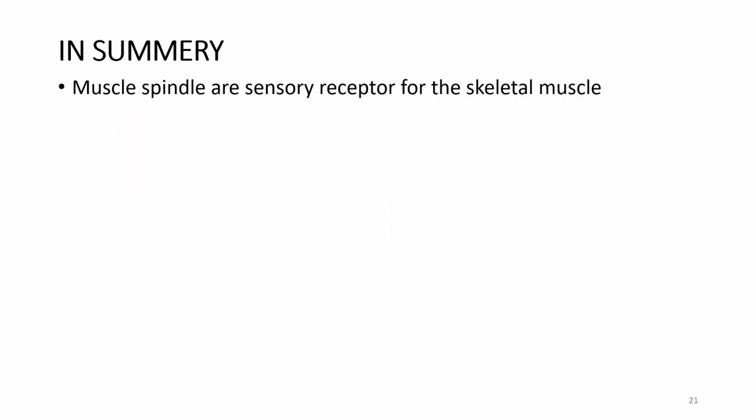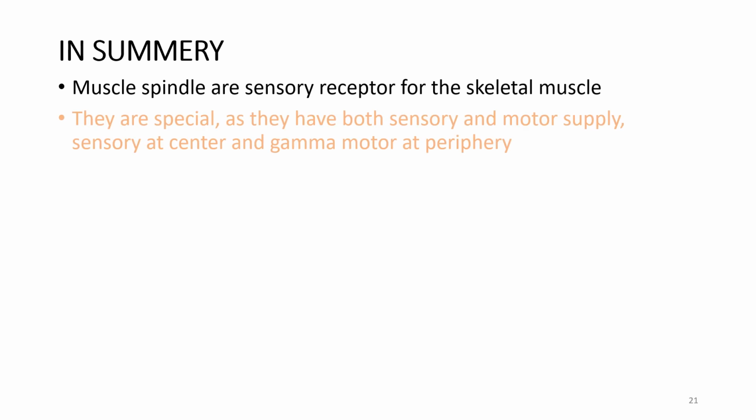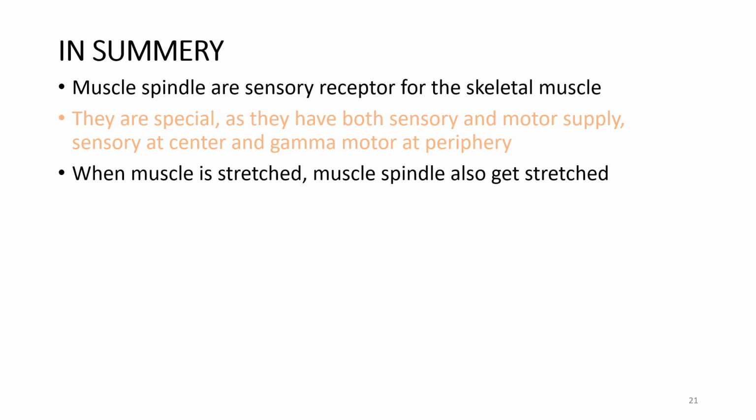In summary, muscle spindles are sensory receptors for the skeletal muscle. They are special as they have both sensory and motor supply, sensory at the center and gamma motor at the periphery. When the muscle is stretched, the muscle spindle also gets stretched. The sensory fiber at the center of the spindle gets stimulated.